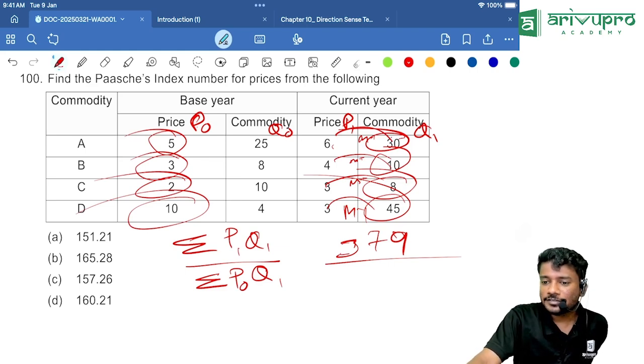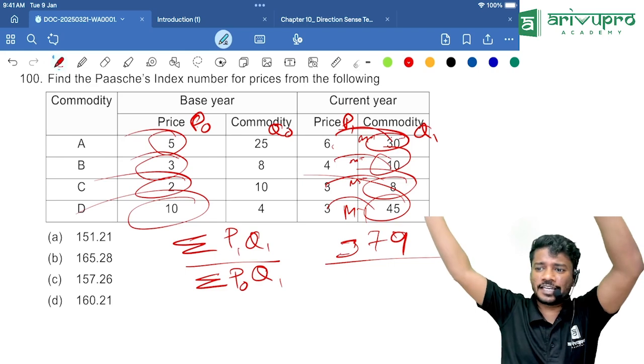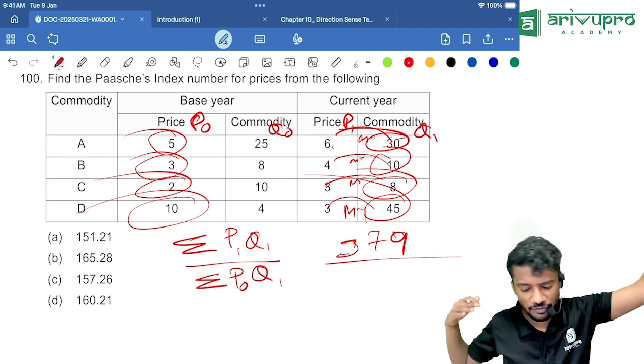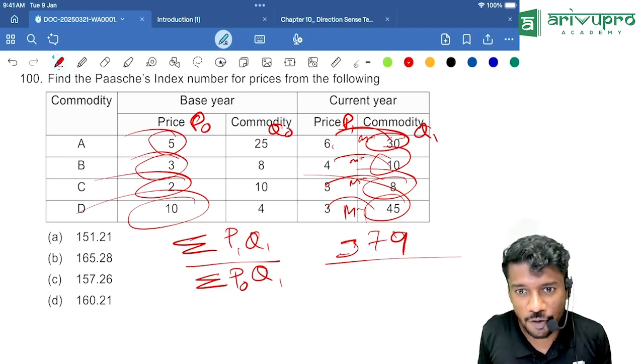What is the answer? Option nearby option, sir. Into 100, if you do you will get 57.5. So, which is the nearby one? 100 plus 58 will give you something like 158 point something, right? Which is the nearest one? 157.26. Yes. So, study the formula.